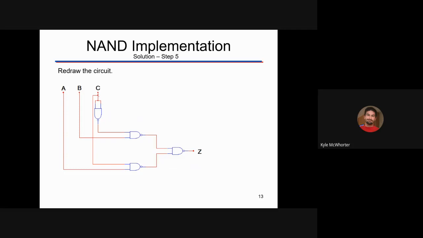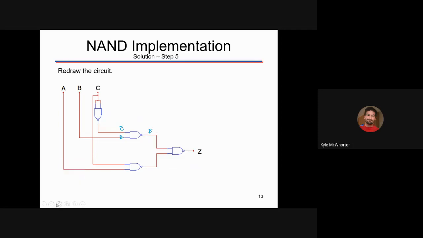So let's do that. So right here we have C going through an inverter. So then out here we have not C. And then going into this NAND gate, we've got B. So coming out of this NAND gate, the AND part puts them together. So B and not C. And then the bubble puts the inverter over both of them.